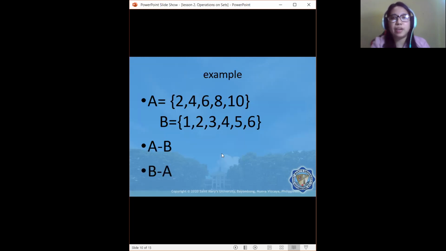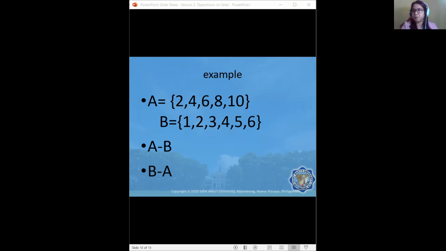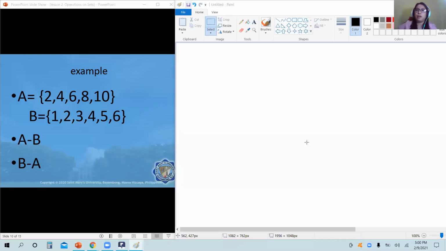Okay, so we have here an example. How will we show the elements of A minus B? We have the following elements of set A. In doing this, again, we are going to change our screen to our board.